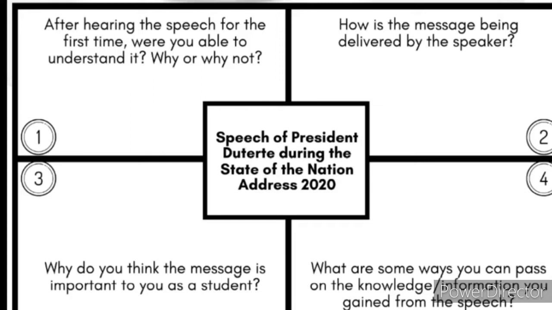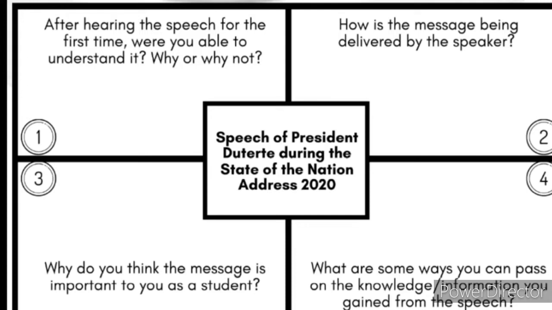Again, Grade 7, you are going to listen to the speech of President Duterte during the State of the Nation Address 2020. And then, here are the questions that you need to answer while listening to his speech. Number 1, after hearing the speech for the first time, were you able to understand it?